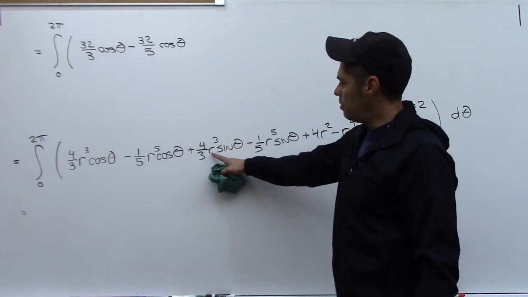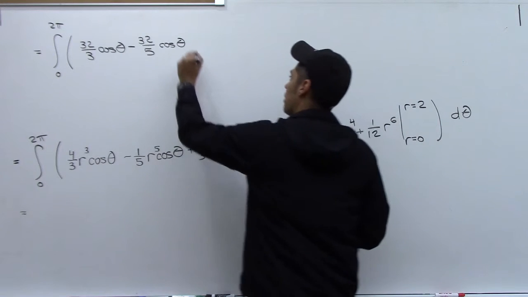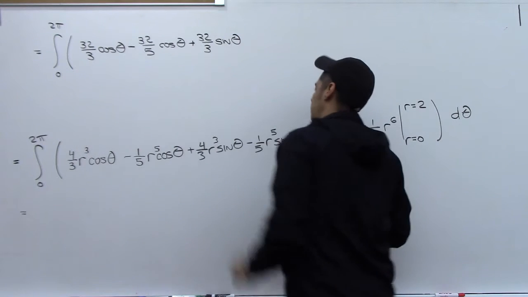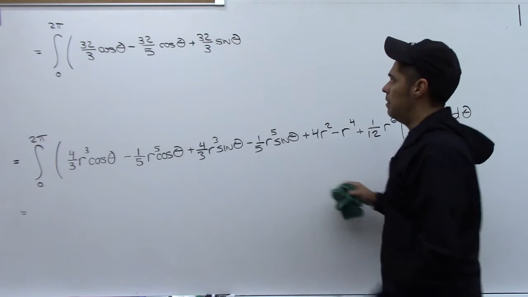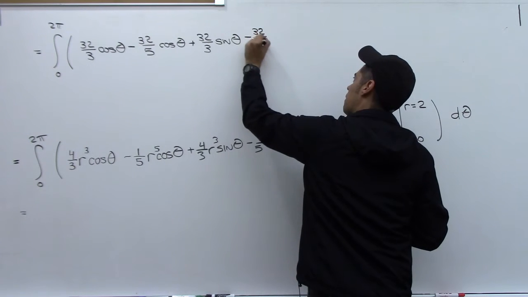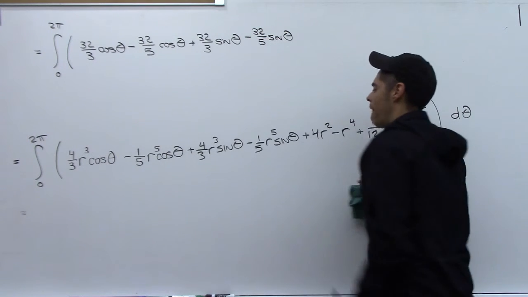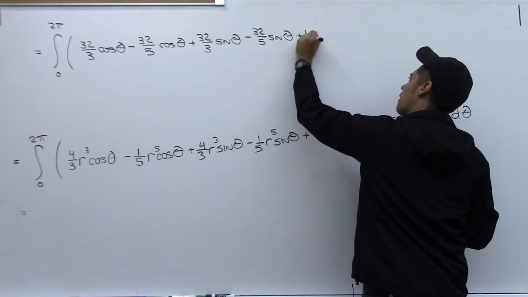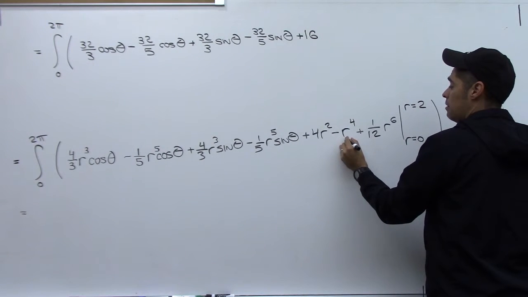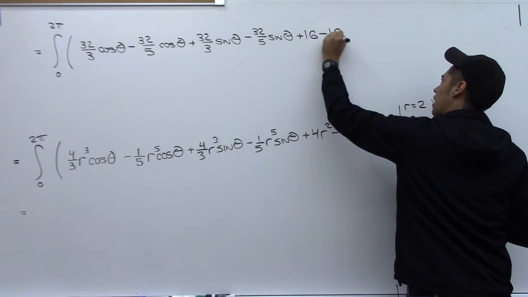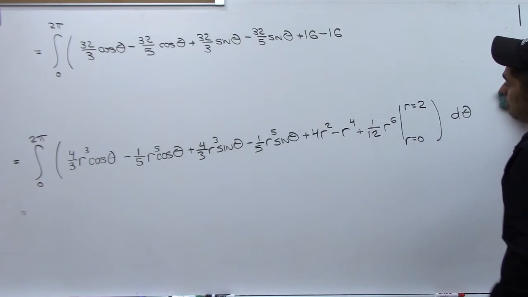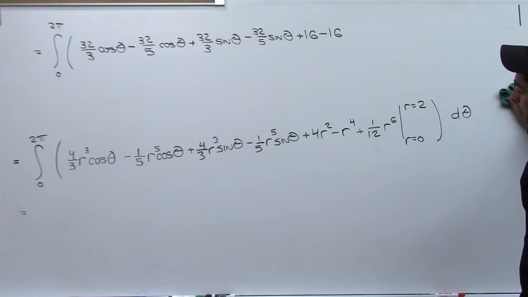And then plug in 2 here, you get 8 times, we kind of did that a second ago, but it's 32/3 sine theta. And then here, this is going to be minus 32/5 sine theta. Here, 4 squared, or 4 times 4 is 16. And then here, minus 16. Nice. And then here, 64 divided by 12. I think we did that earlier. 64 divided by 12 divided by 4.